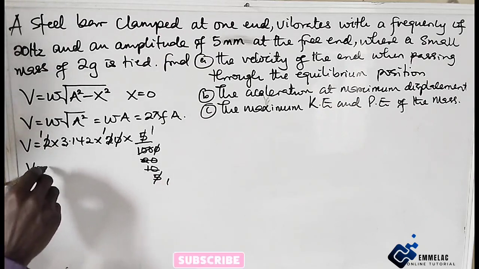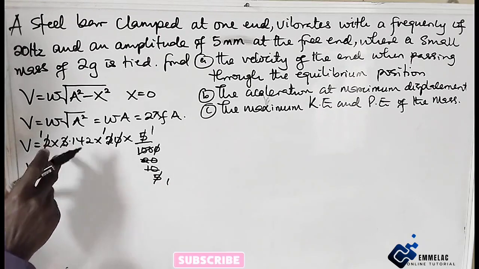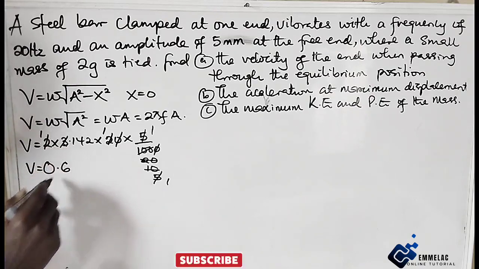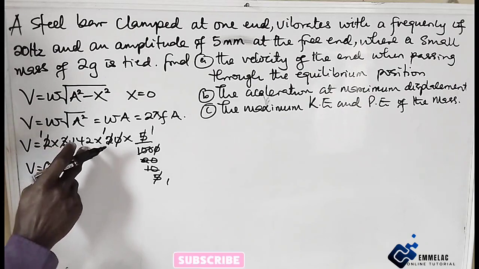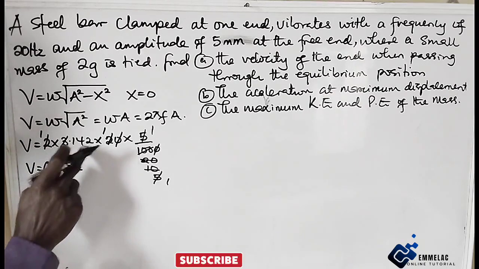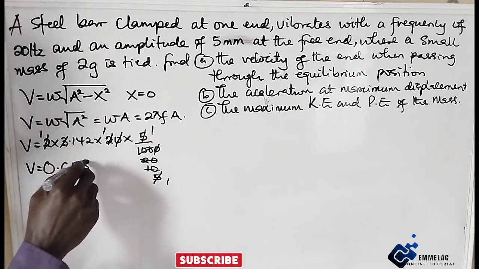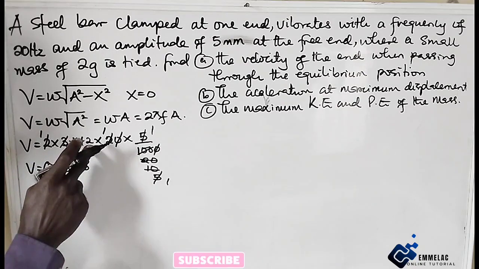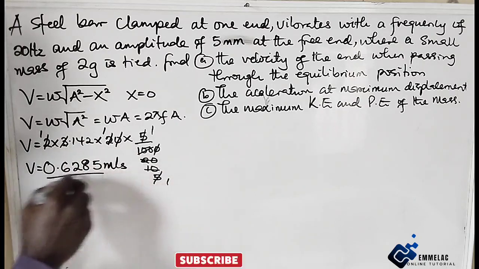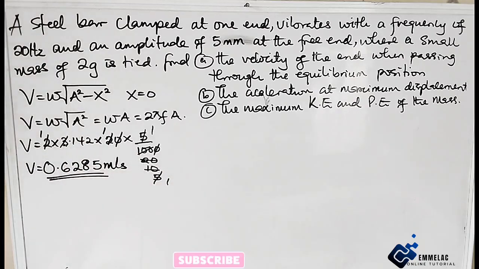Let us say V here, we have 0. Now in 31, that will be point. In 31 we have 6 remainder 1. Now in 14 here we have 2 remainder 4. Then in 42 here we have 8. Then remainder 2. In 20 we have 5. All right, so this is our velocity.